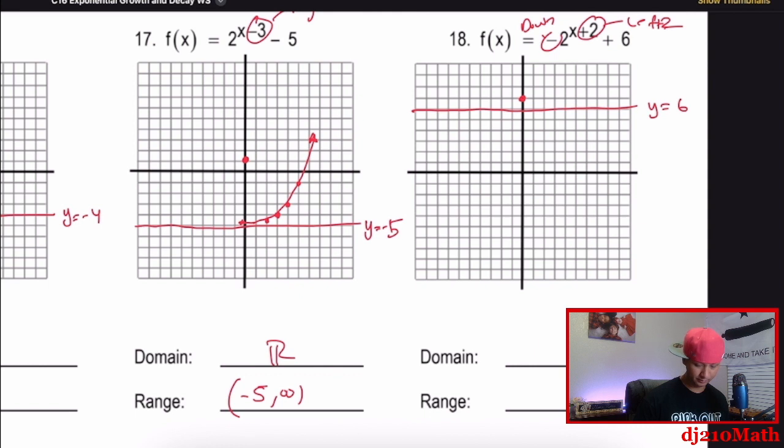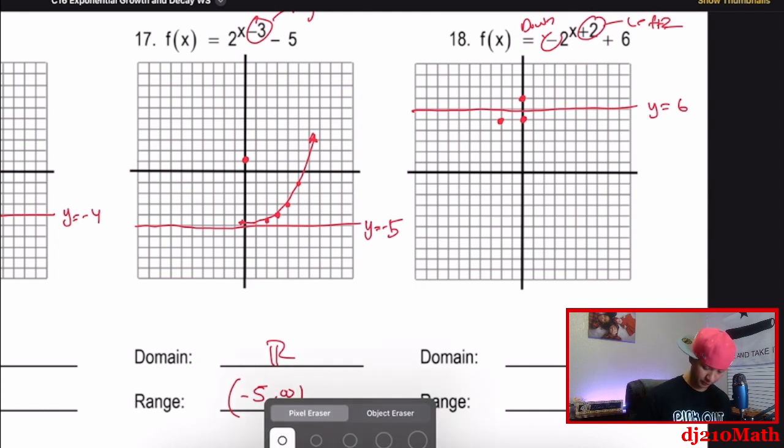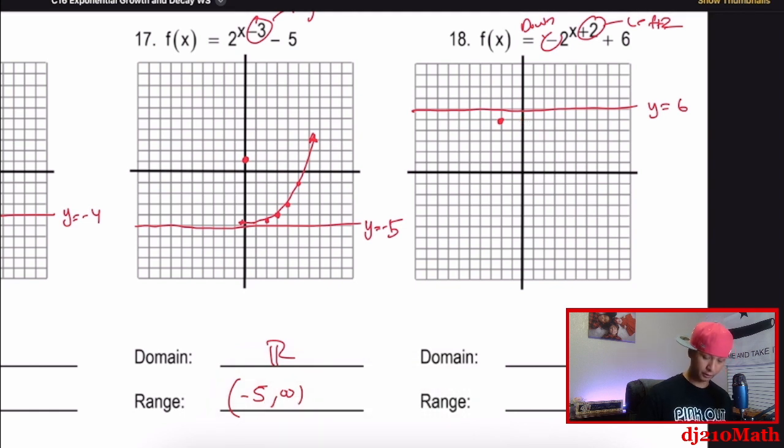It's reflected downward and it's going to move left 2. So 1, 2. All right, so that's where it is. I'm going to erase so we don't get confused. And then the other 2 key points are going to be to the left 1/2, to the right 1.